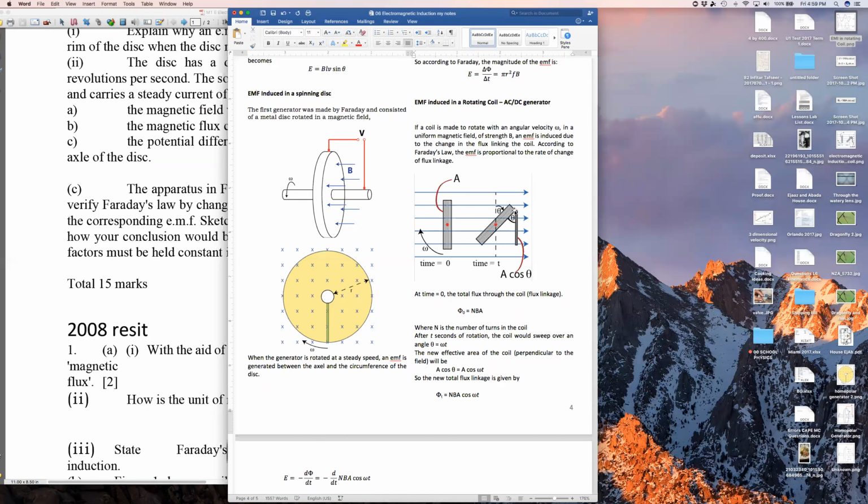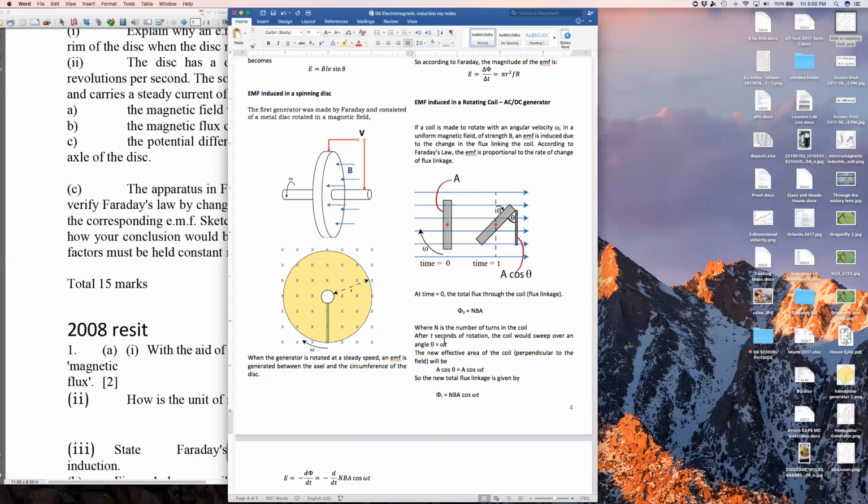So this is the area we're talking about here. How much flux will be passing through here now? Again, in this first position, the flux linkage is NBA. But here, the flux linkage will not be NBA, it will be NBA cos theta. Theta is the angle it sweeps out in time t.